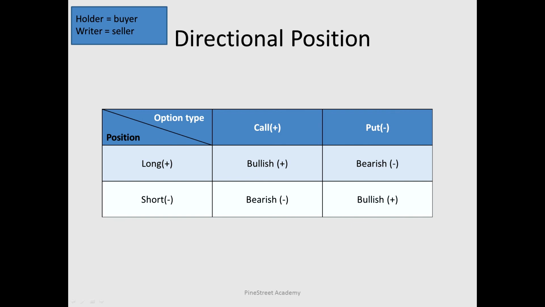You're multiplying a negative number by a positive number, and the outcome is negative. When you're short a put option, you're writing a put option, you want the value of the stock to go up in price in order to profit.